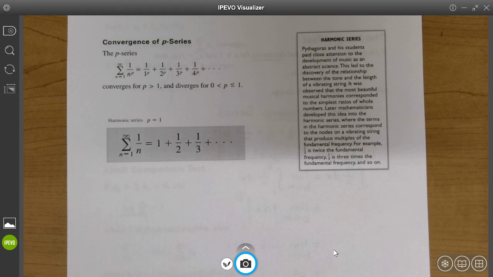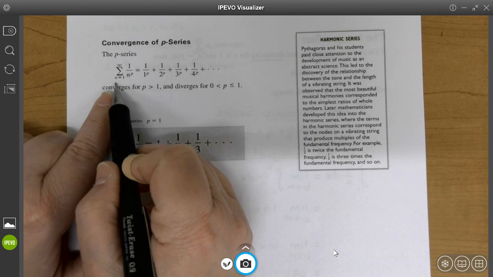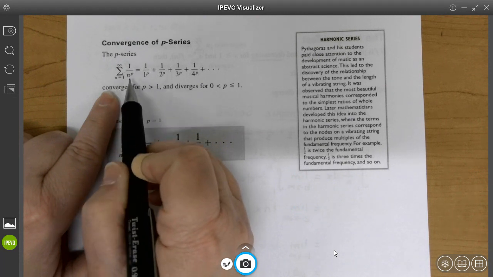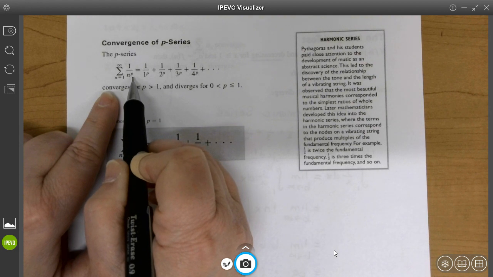P-series. Yeah, it's not a funny name, P-series. But the reason they call it a P-series is that we're going to have a series of the form, the sum from n equal 1 to infinity of 1 over n to the p. So the exponent is p. All right?